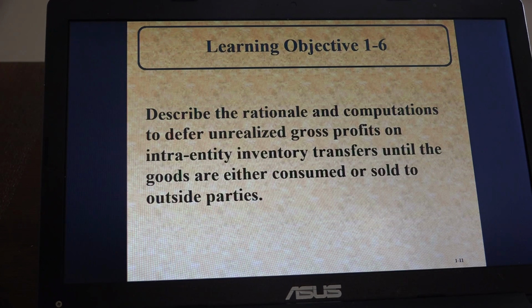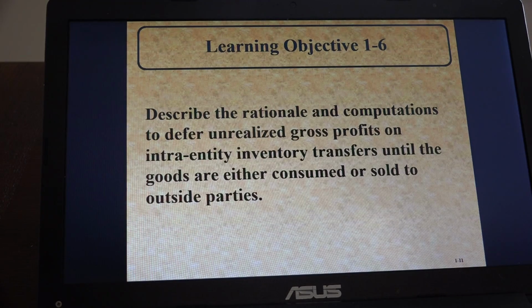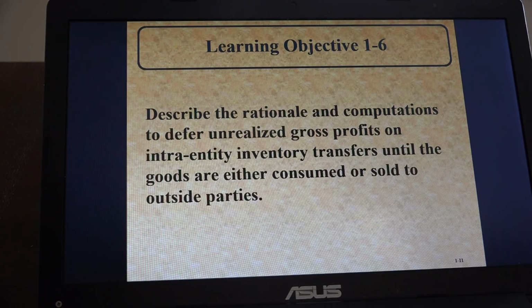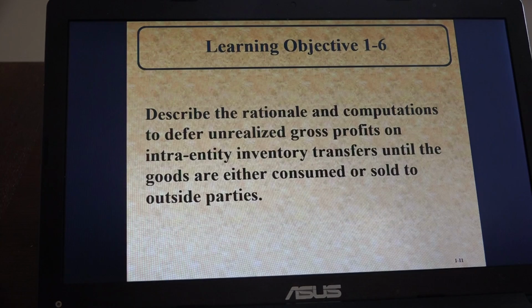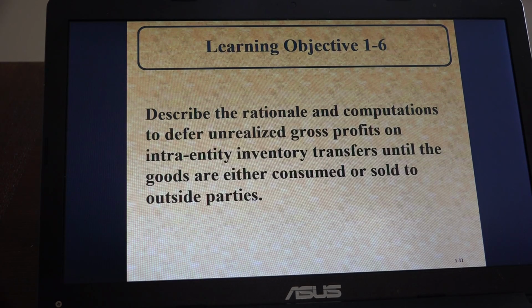So there's unused inventory sitting there, and you have to deal with income recognition on the sale of that inventory, because the investor still has an interest in the profit margin, the gross profits of those inventory transfers.